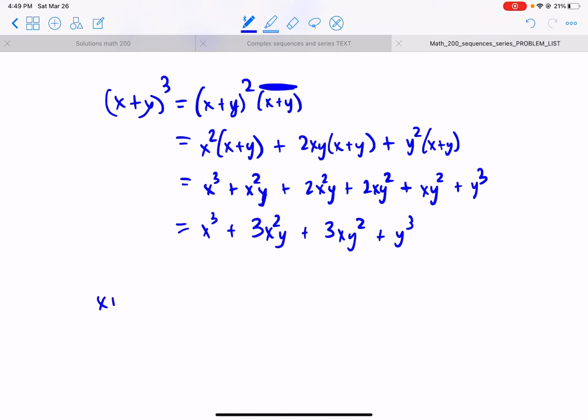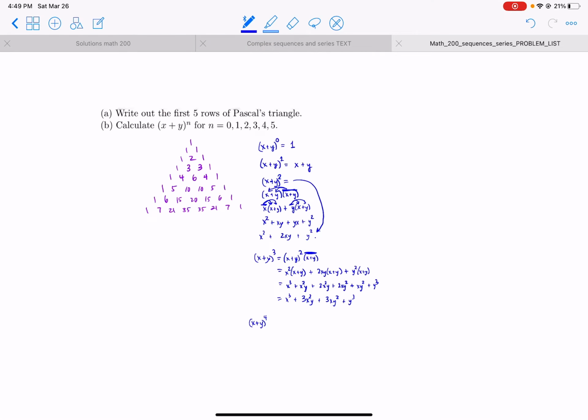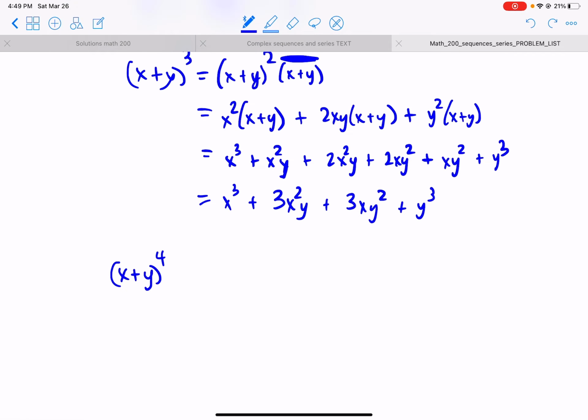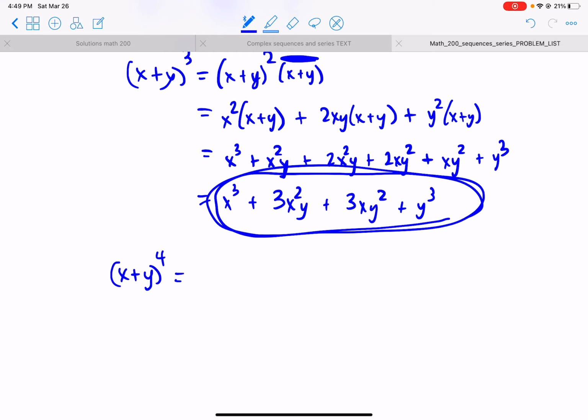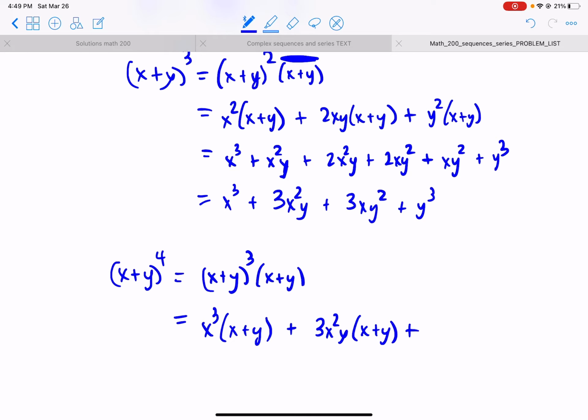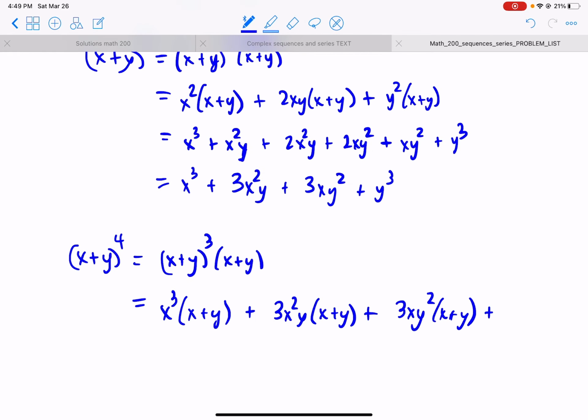Great, let's do x plus y to the fourth. How many do I have to do? Oh my goodness. Oh, I only have a couple more. That's all right. Okay, so now I have these 4 terms, and then one more, because I have x plus y to the third times x plus y. So let's just do this: x plus y plus 3x squared y times x plus y plus 3xy squared times x plus y plus y to the third times x plus y.